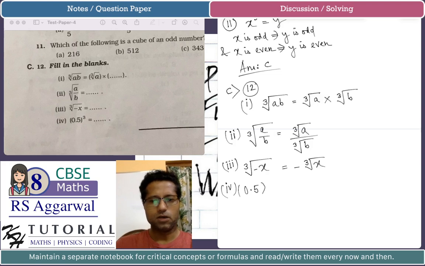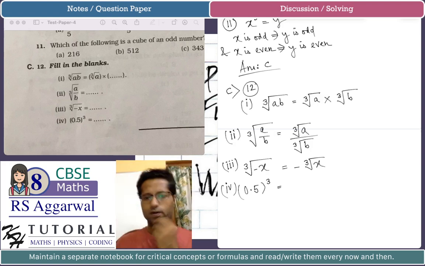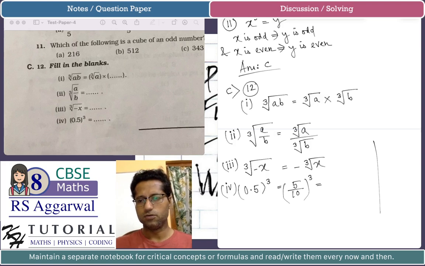And part 4 is, we have to find the cube of the decimal 0.5. Now, to find the cube of a decimal number, always convert the decimal number to a fraction. So 0.5 is 5 by 10, and we have to find its cube. Using the property of cubes, x by y whole cube is equal to x cube by y cube.